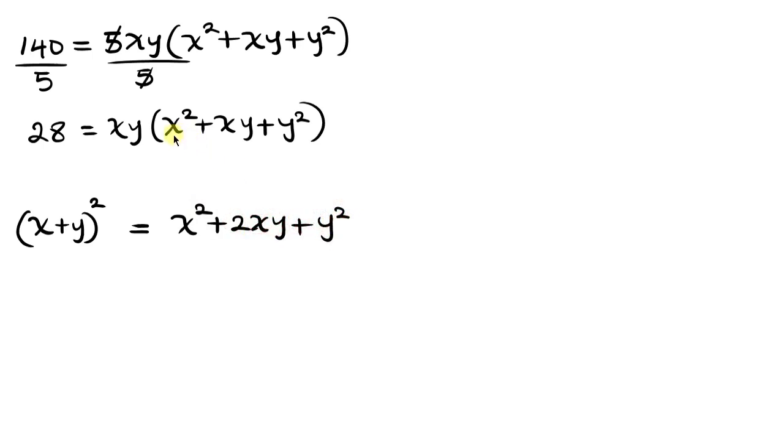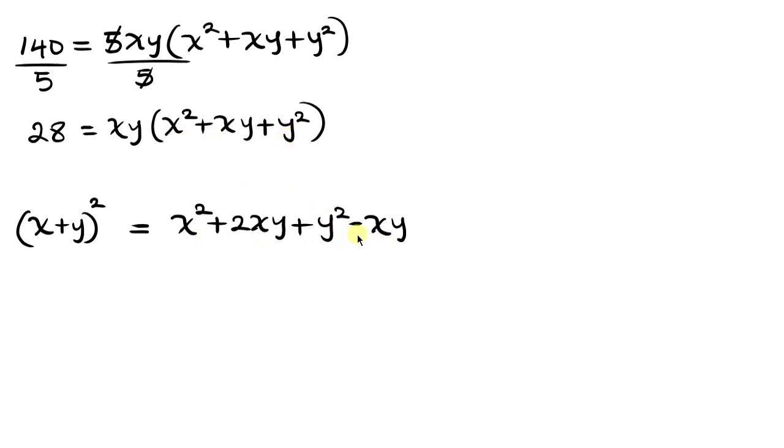So the expression inside of this bracket is very close to this perfect square. Well, the only difference is that I have 2xy here. And in order for me to have xy, I will have to remove xy from 2xy. So making this to be the same as this.